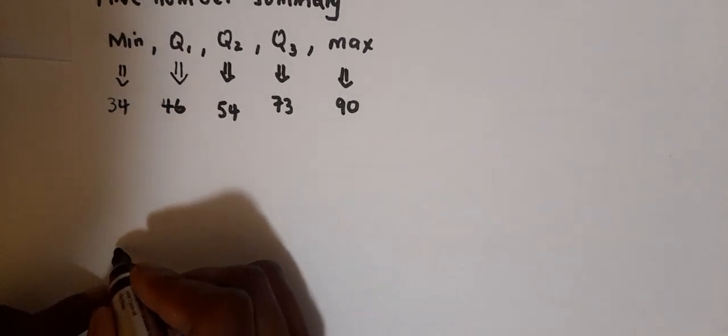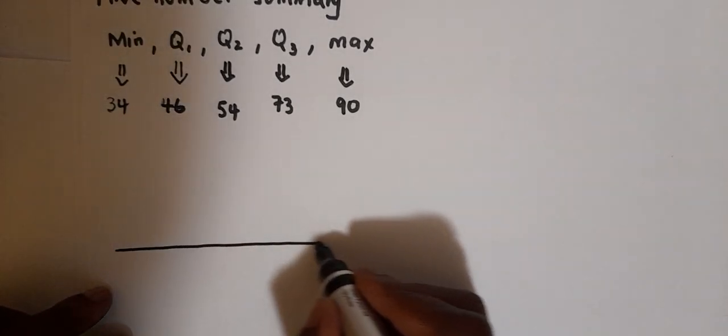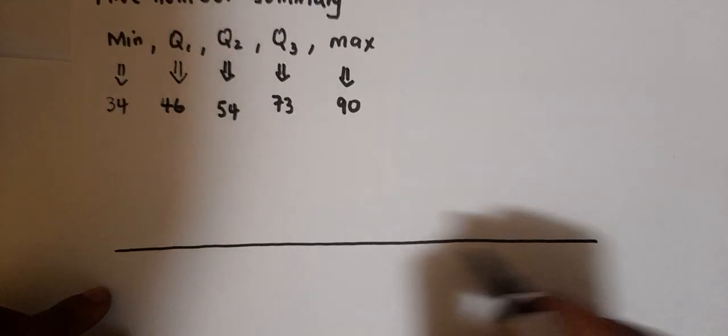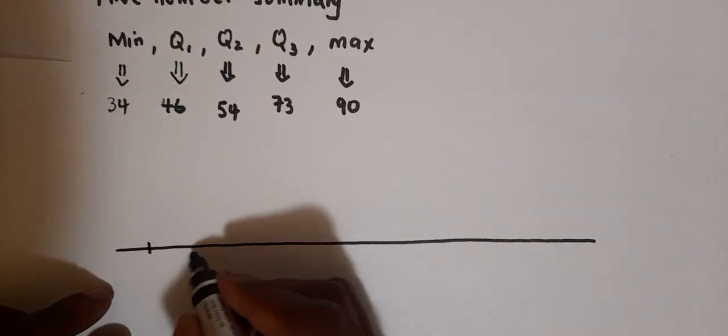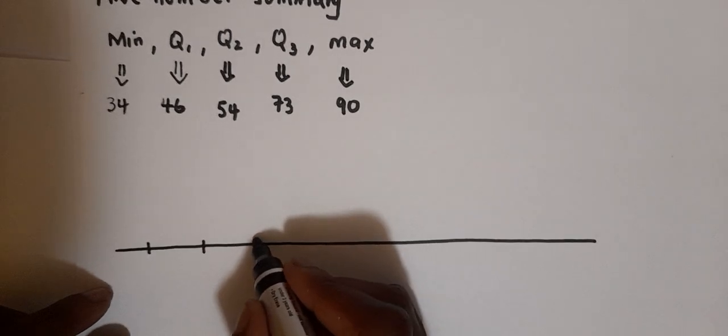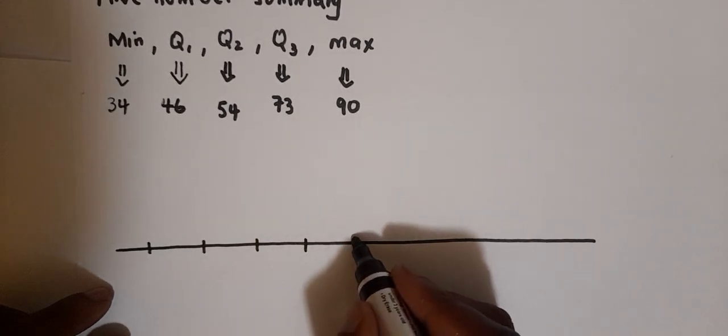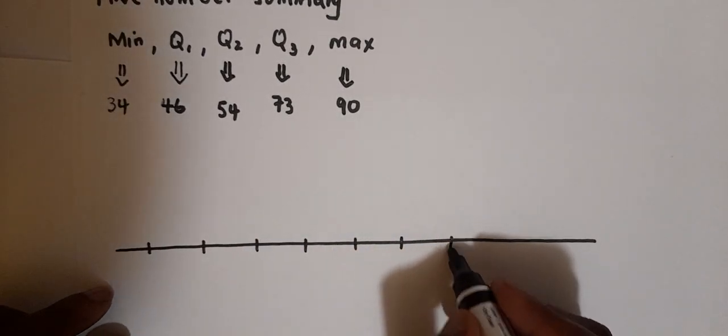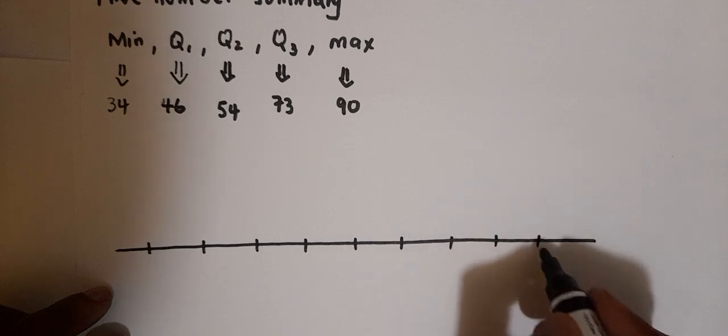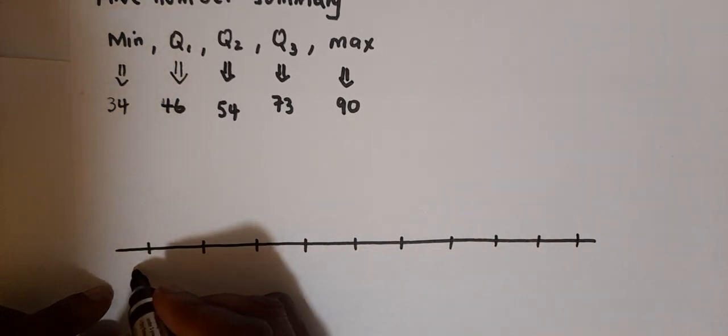I'll use a scale of 10: a number line with 10, 20, 30, 40, 50, 60, 70, 80, 90, and 100.